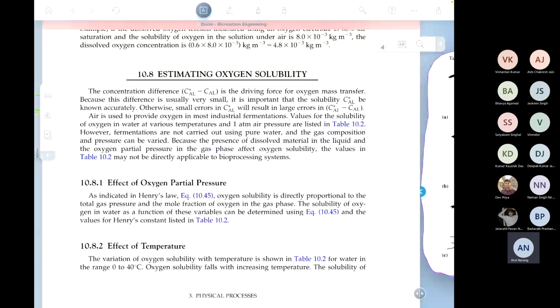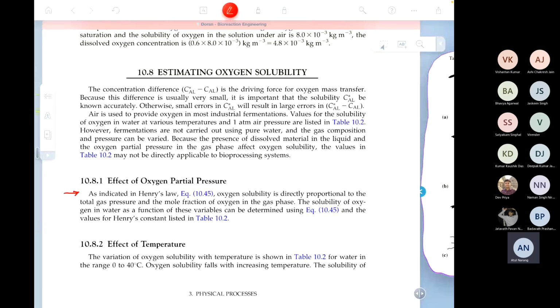When you take air and put it in contact with water, how much oxygen will you find in the water, right? Oxygen solubility is directly proportional to total gas pressure and the mole fraction of oxygen in the gas phase, so this is proportional to YO multiplied by P total.